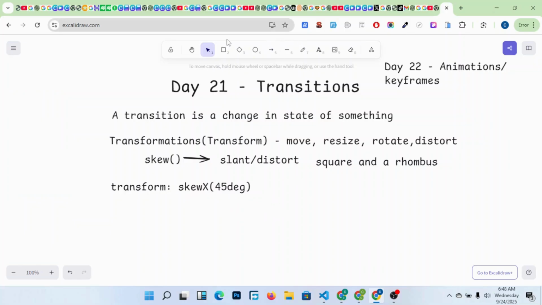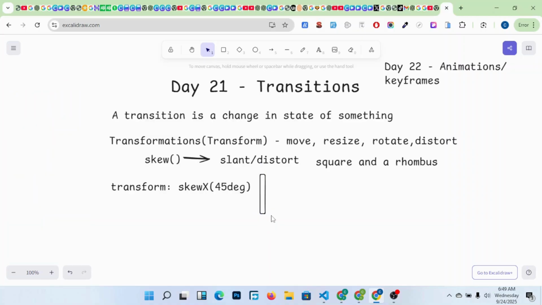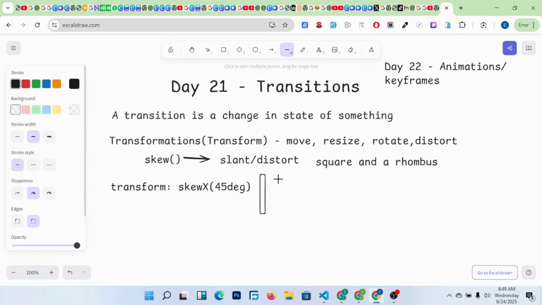This one is different from rotate, because rotate is motion. It rotates like this. But if I say skew 45 degrees, it changes its shape and positions itself at 45 degrees, like here.